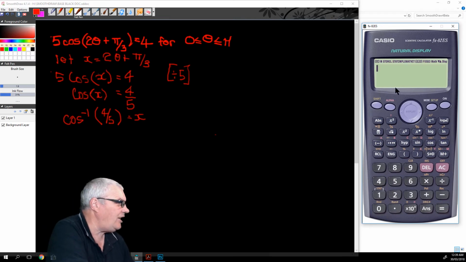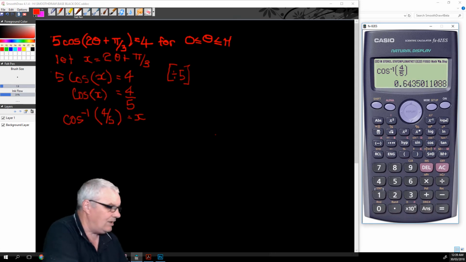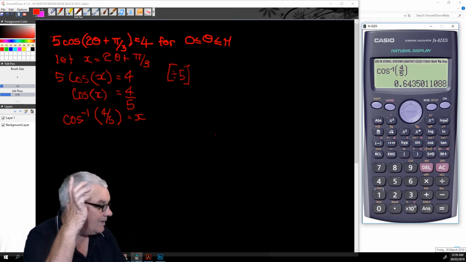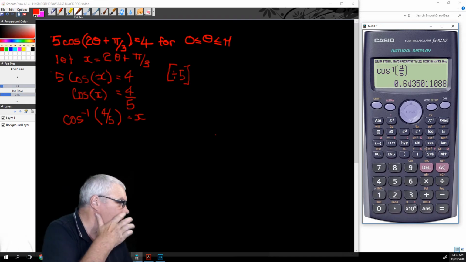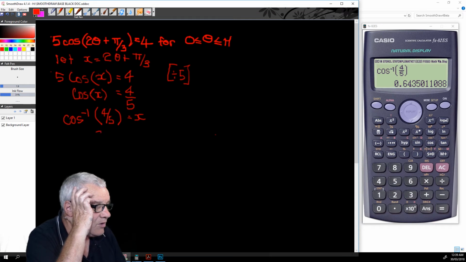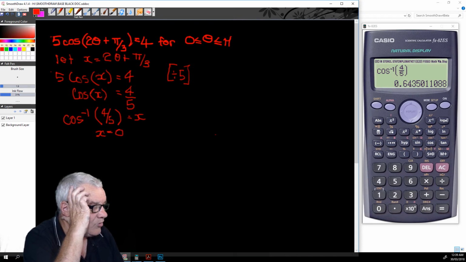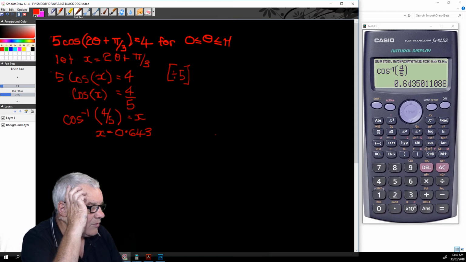Okay, now we can go shift cosine, put it in as a fraction, 4 upon 5, close the bracket, equals, and that shows 0.6435. So here we've got x equals 0.6435.